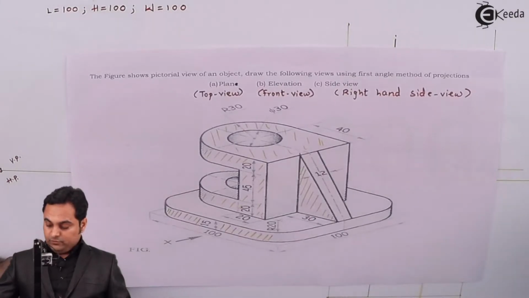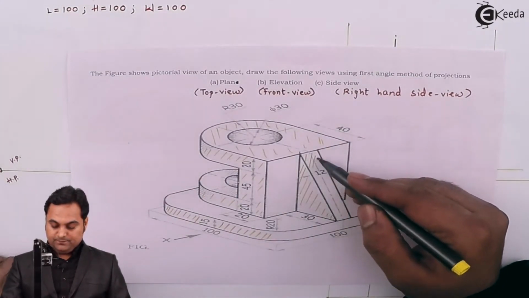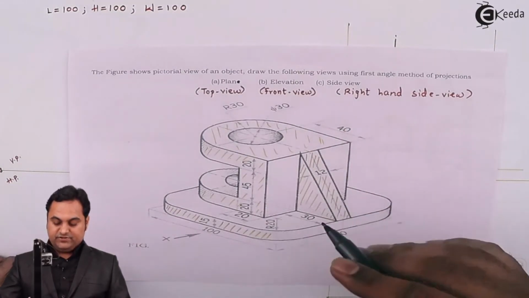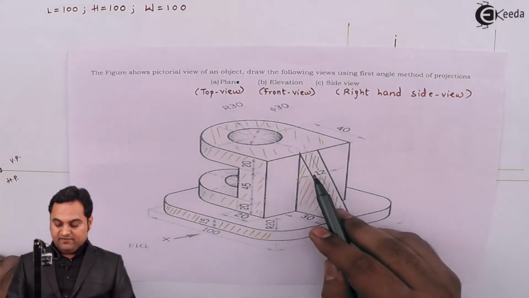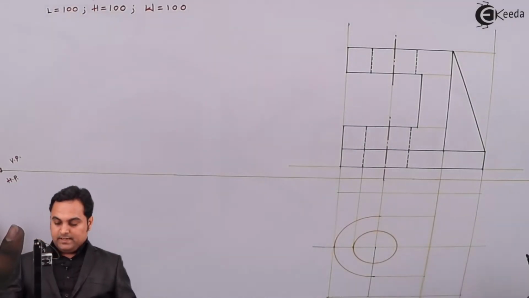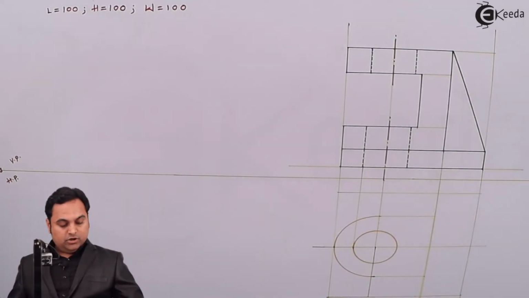When we are looking from top, this rib is also visible, but it will be visible as a straight rectangle having width 12 mm. So here we have the center line, and this is the inclined rib, which appears as a straight rectangle of 12 mm width.